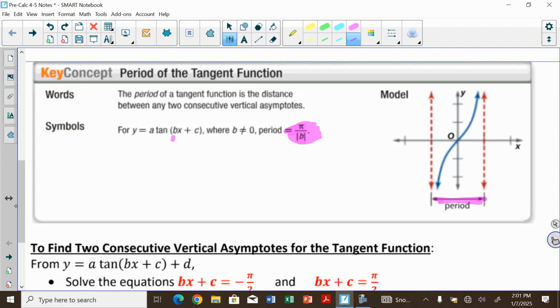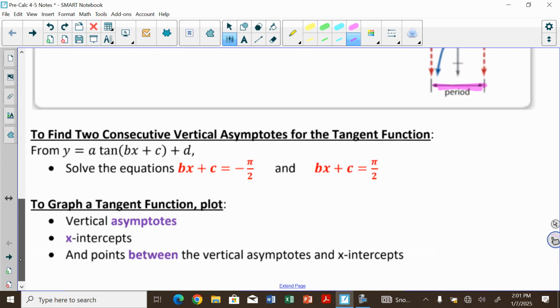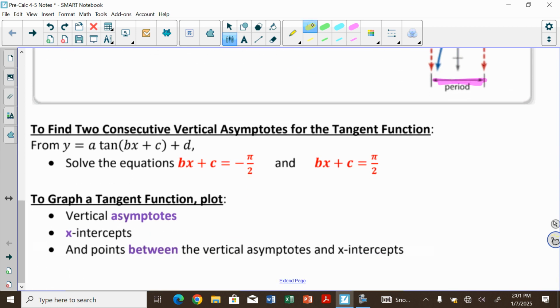So when we graph this, we're going to have to find those consecutive asymptotes. And how do we do that? We do that by solving these equations. Okay, bx plus c equals negative pi over 2, and bx plus c equals pi over 2. Let's solve those equations. Remember, you've got these things, b, and you've got your c right there that you would have to find from the tangent function.